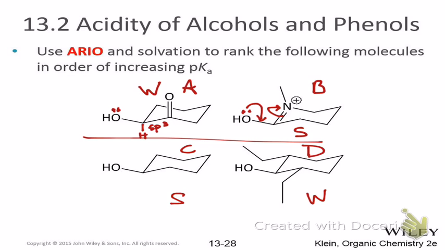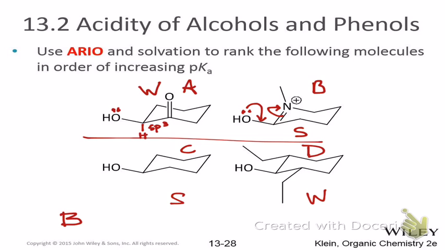Strongest then is B, right? So increasing pKa means you want the weakest one at the right and the strongest one at the left. So B is the strongest, so I'll start with that one.